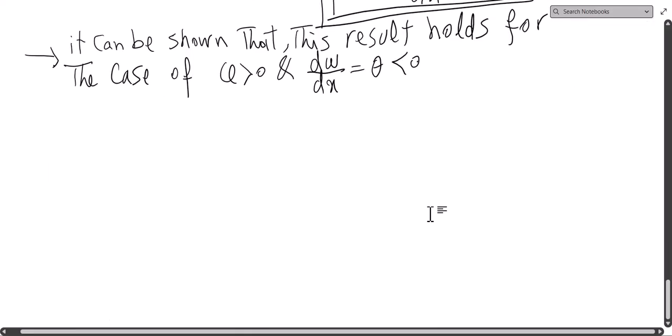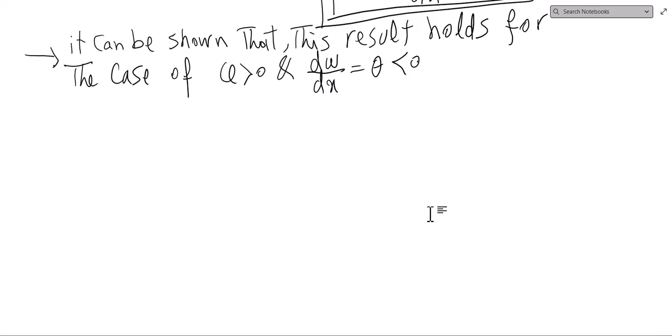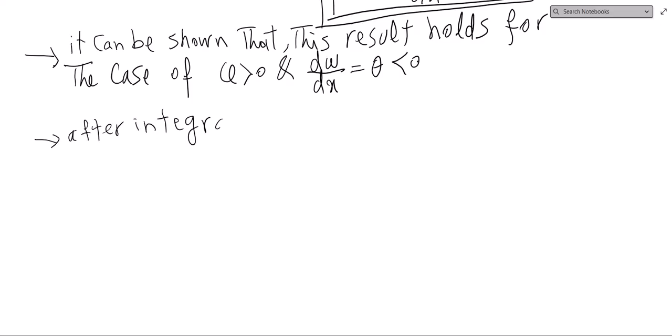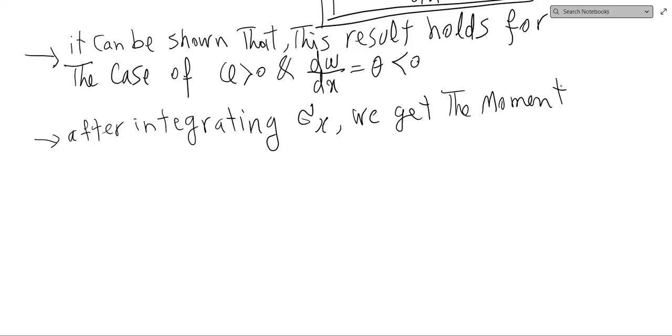for Timoshenko beam, and that is actually, so say after integrating sigma x, we get the moment curvature relationship at the cross section.